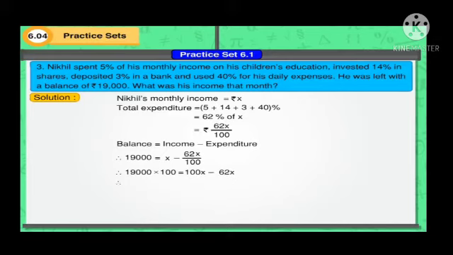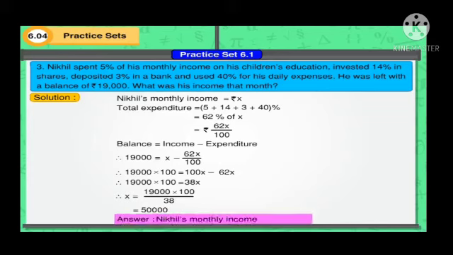Therefore, 19,000 into 100 is equal to 38x. Therefore, x is equal to 19,000 into 100 divided by 38. Therefore, x is equal to 50,000. Answer: Nikhil's monthly income is rupees 50,000.